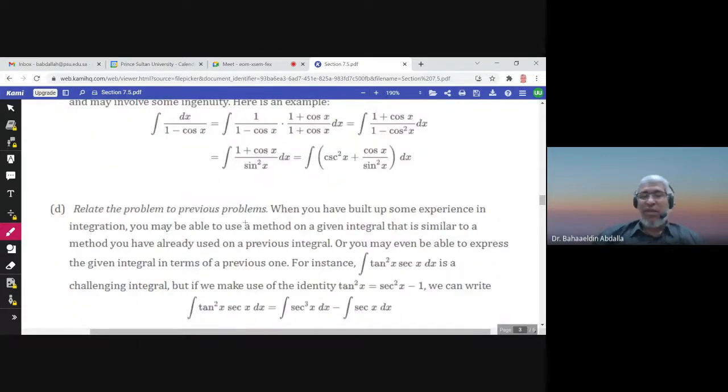You can write it as 1 over sine squared, which is cosecant squared, plus cosine x over sine squared. Then this one is easy: the integral of cosecant squared is negative cotangent x, a formula. And for this one you can take u equals sine x, then du would be cosine x dx, and you will have du over u squared, and you can find it easily.